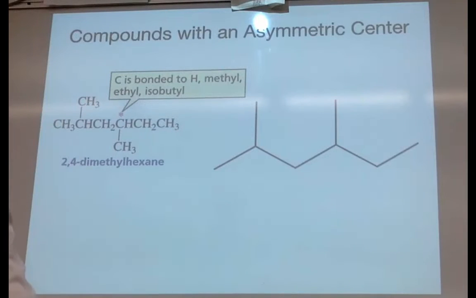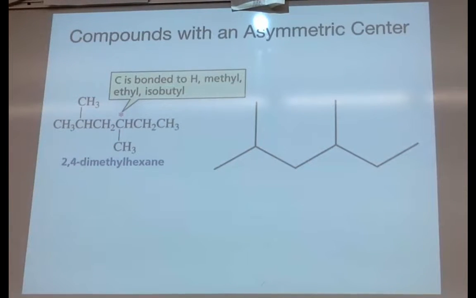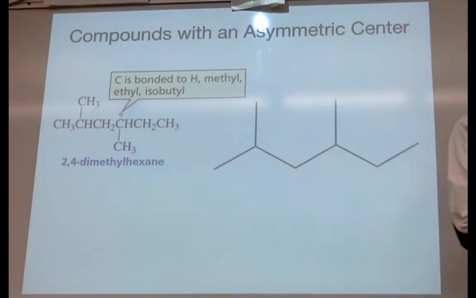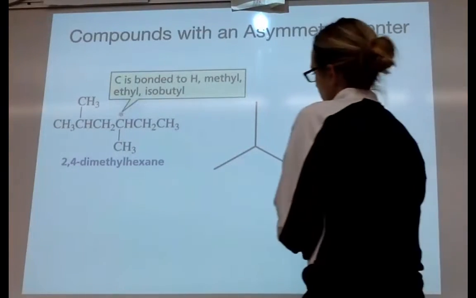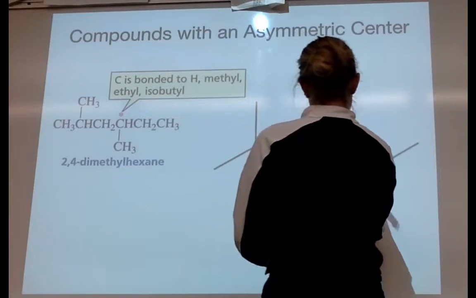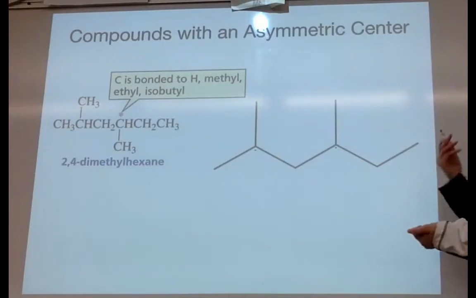So looking at additional, this is just showing different compounds that have a chiral center. So when you look at 2,4-dimethylhexane, it shows us the chiral center here. Now I want to look at this second bond line structure. You're looking at where there are carbons connected to 4 different groups. And sometimes people will look and say, well, maybe this one, because we know this is 2 hydrogens, we know this is 2 hydrogens.